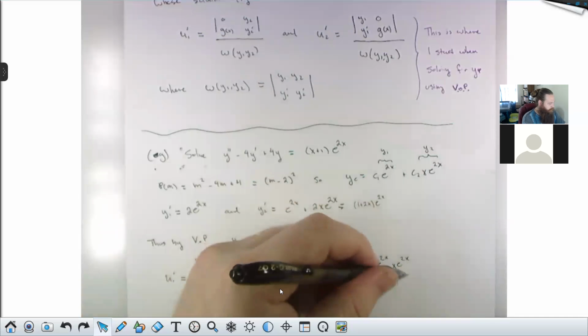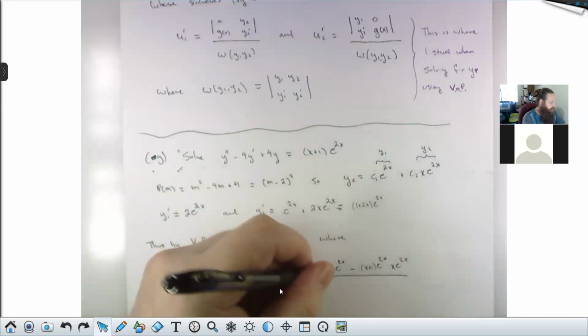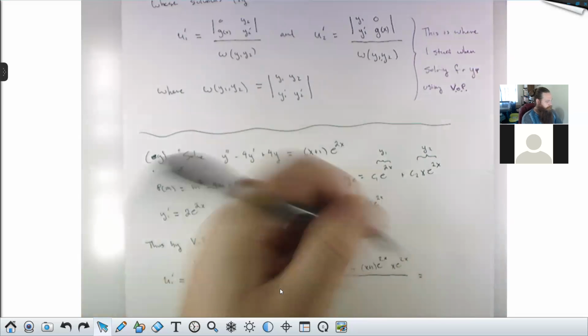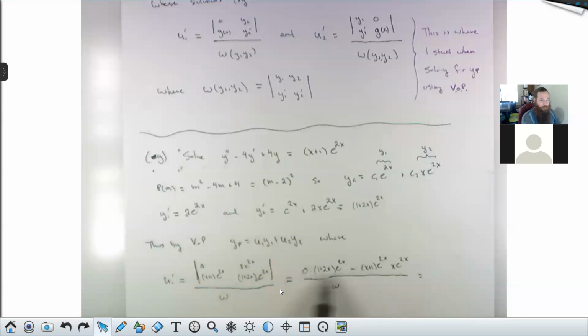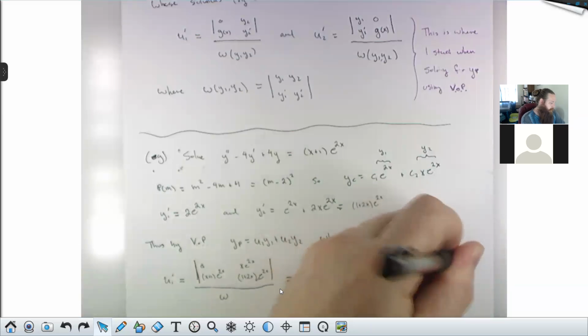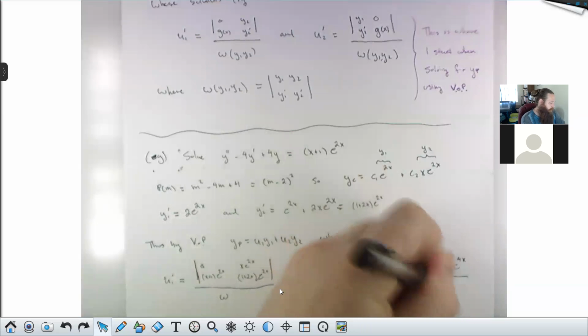All of this is over W. So what does that come out to? Well, this first piece here is 0. And over here, I've got e to the 2x times e to the 2x. That's e to the 2x plus 2x, which is e to the 4x. And I've also got x plus 1 times x, which is x squared plus x. So this is x squared plus x, e to the 4x, divided by the Wronskian.